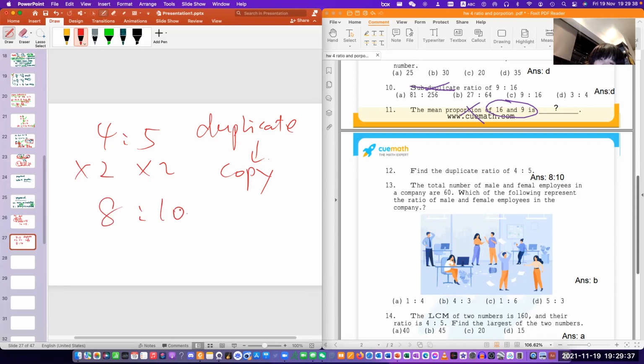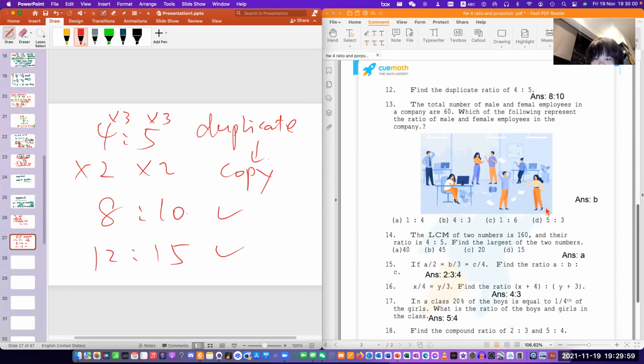This is one possible answer. And then of course you can go ahead and do a lot more. If you times 3, then you get 12 to 15. 8 to 10 is one of the answers, but 8 to 10 is not the only answer.